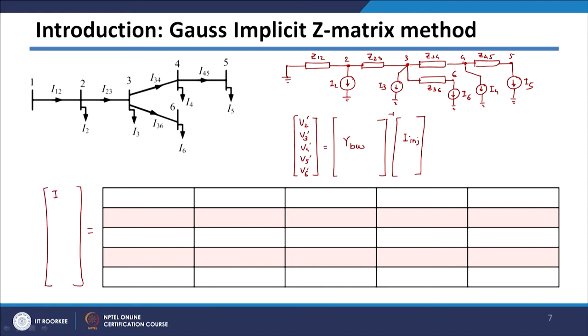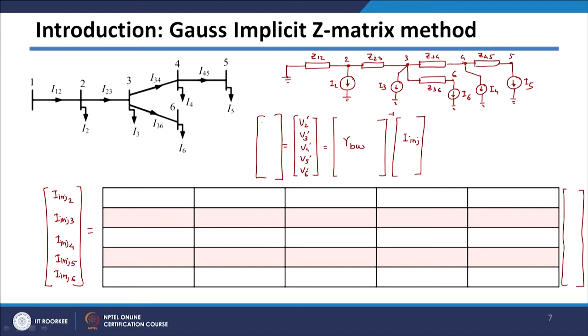So this is current injected at bus 2, current injected at bus 3, I injected at bus 4, at 5, 6, and this here will get multiplied with respect to this V2 dash, V3 dash, V4 dash, but I am calling this as actually delta V2 because this is voltage difference when we are considering load only.